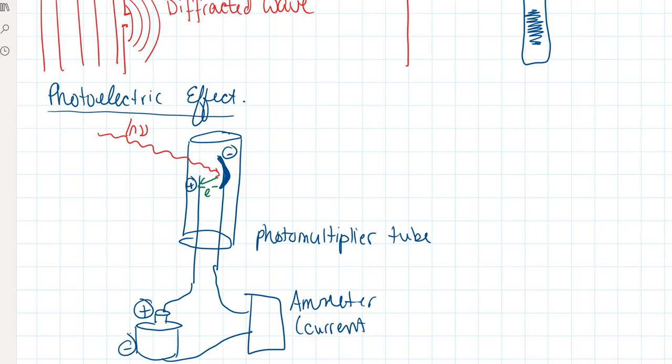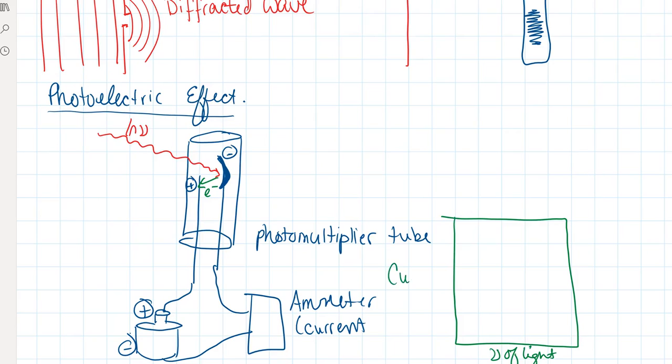What was really cool is that when we took a look at the frequency of light and the rate of electron movement, in this case the current, they saw that at low intensity light, there were fewer electrons liberated than when they used a high intensity light.